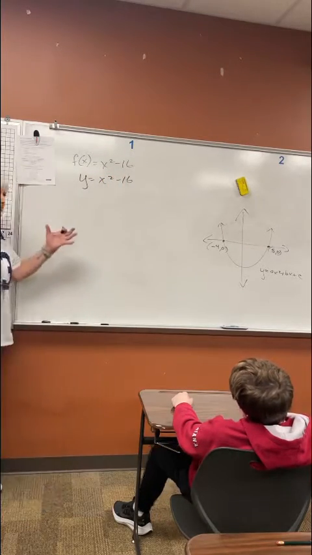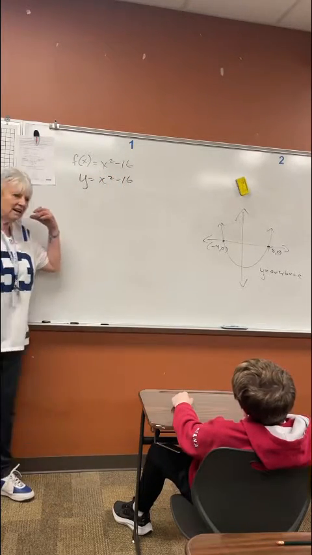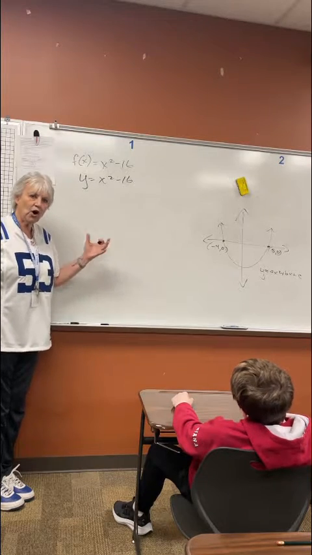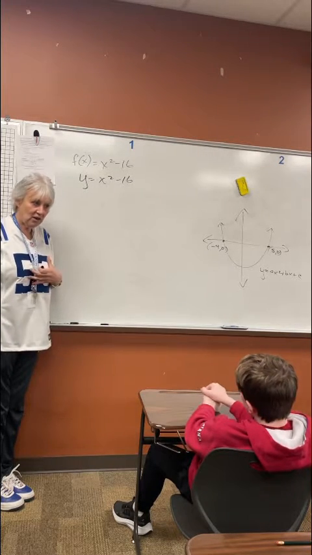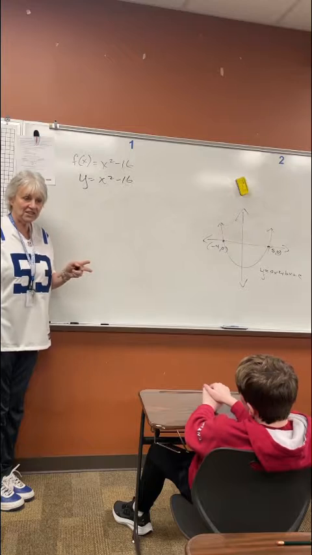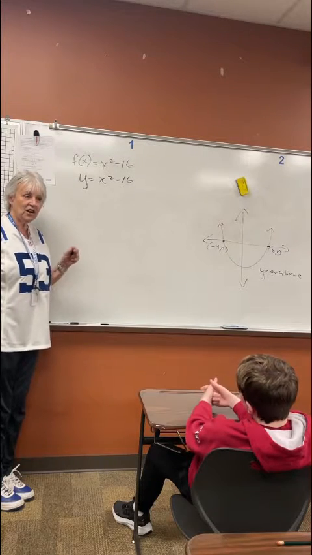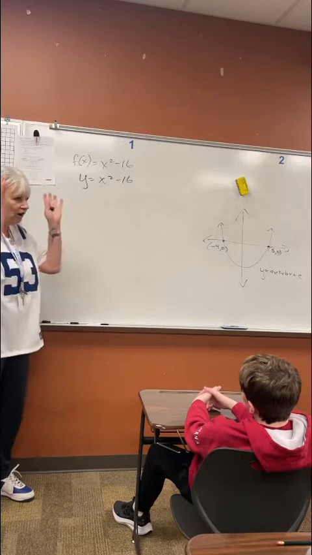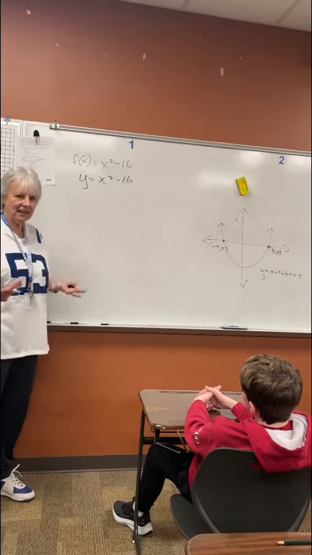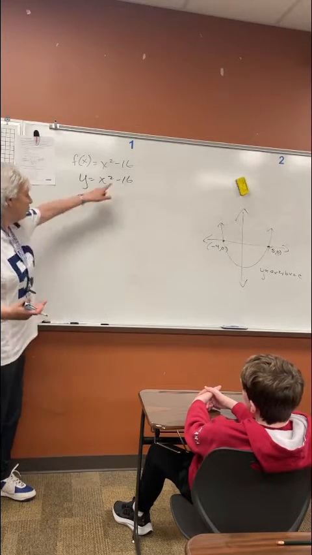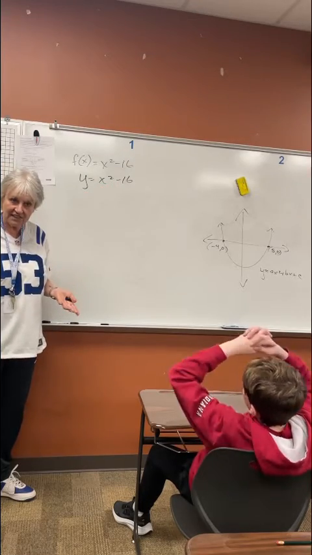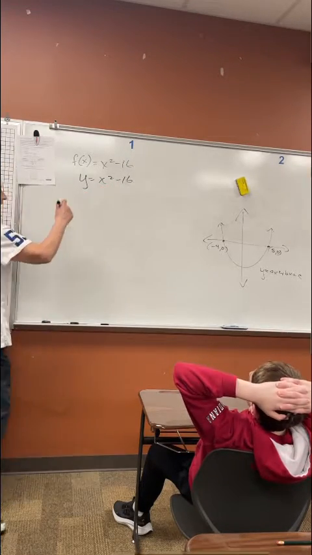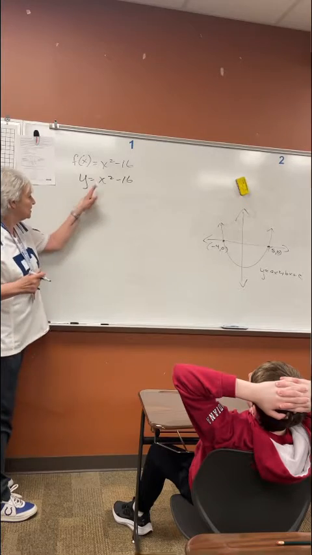This parabola, if I graph it, is going to cross the x-axis twice, at 4 and -4. If you went through the t-chart, that's what you would get. The y-intercept is -16, and it points upward because of the positive a.